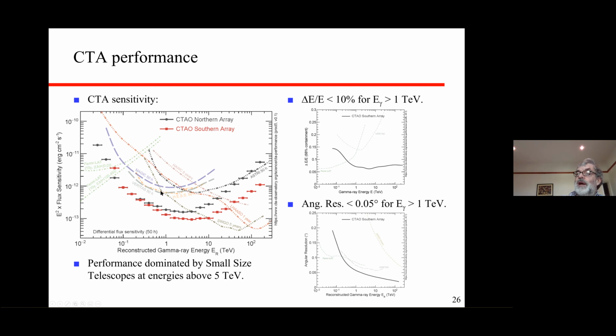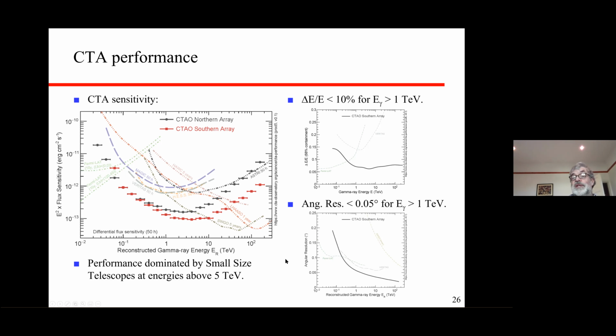MAGIC, for example, here, Veritas here. This is the new CTA array that we're talking about, northern site, southern site. And also, you can see that the energy resolution of the new system is much better than that of existing systems, and also the angular resolution.